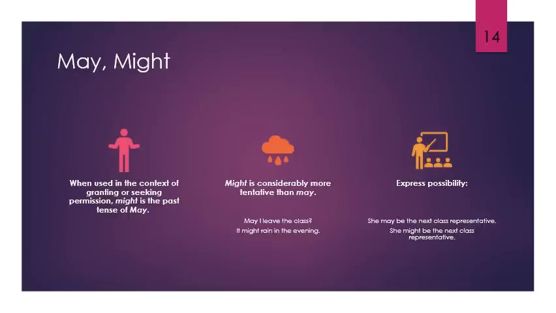We don't have many chances, very few chances, that she might be the next class representative. So may and might, the present and the past form. Also, might is the more tentative form than may. It has less affirmation, less surety or definiteness attached to the word.